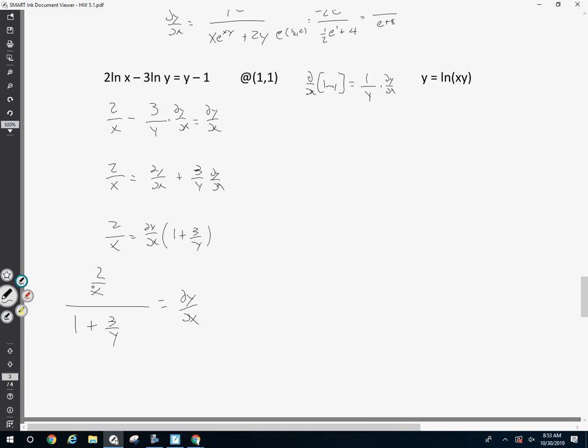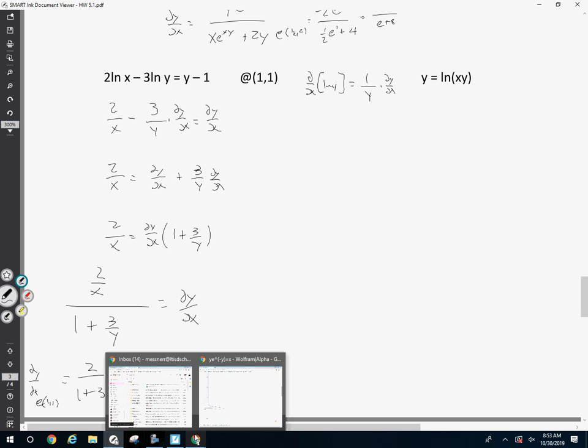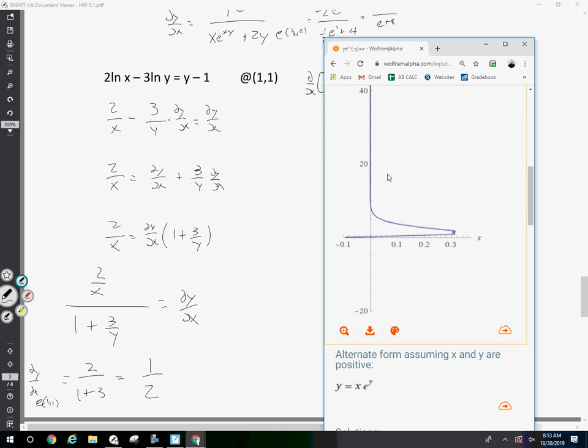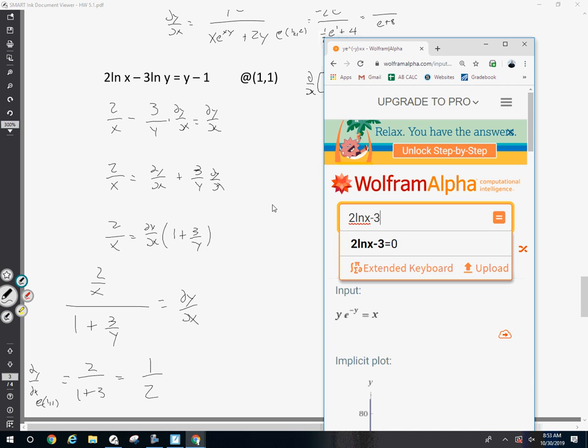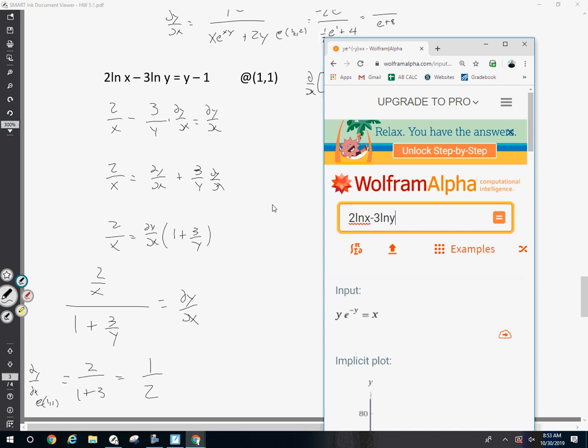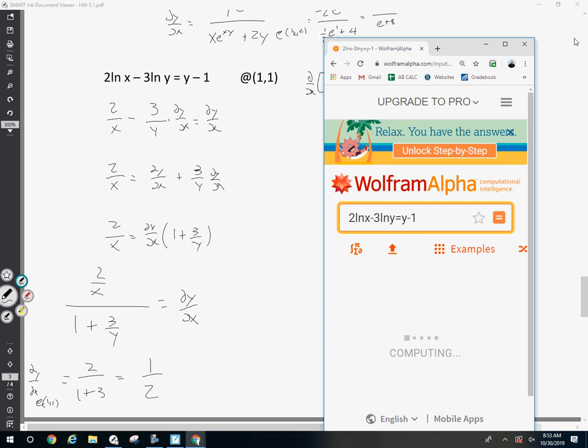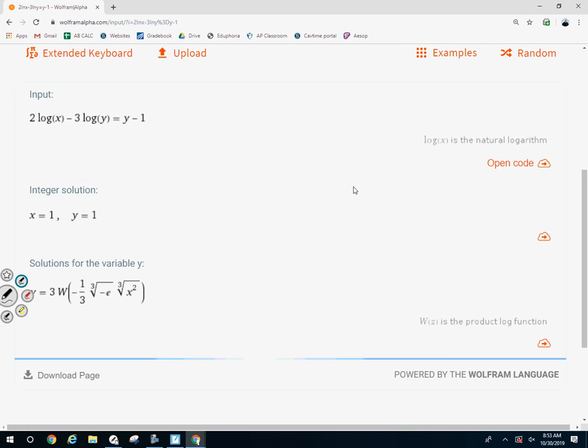At 1, 1. Cool. 2 over 1 plus 3, 1/2. log x minus 3 log y. I know I'm going to be contained to the first quadrant because I can't plug in any zeros or negatives into logs. So I'm looking in the first quadrant.